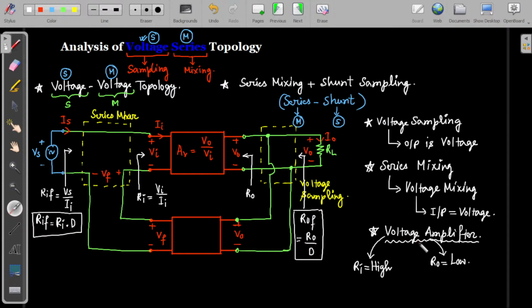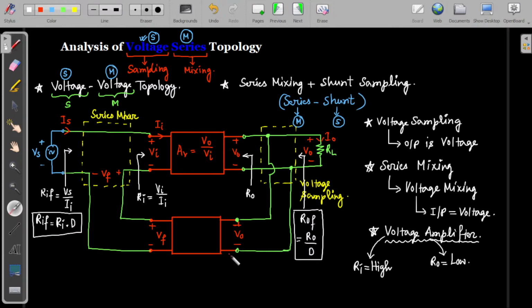So RIF will be equal to Ri into D, so RIF is increasing by D, and R0F is decreasing with respect to R0 by the D factor. This is the reason why the voltage amplifier will have high input impedance and low output impedance.